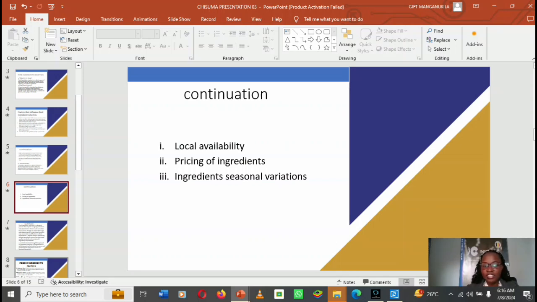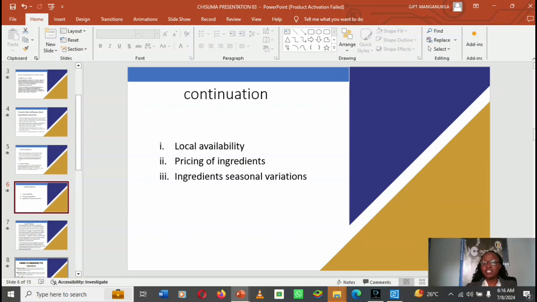If you can't find something that is available in all seasons, make sure you plan in such a way that, you know, sunflower cake is more available in this season. So in this season, I'm going to be using sunflower cake, or I'm going to buy a lot in this season when it is more available, such that when it's not available, I have a lot to cover that season.